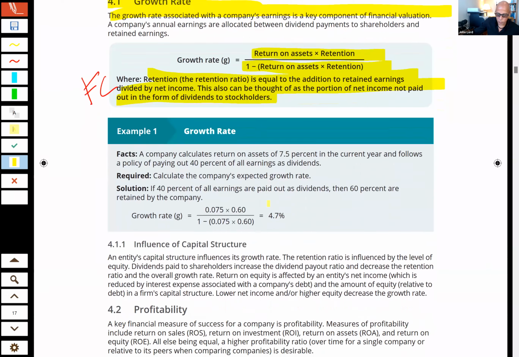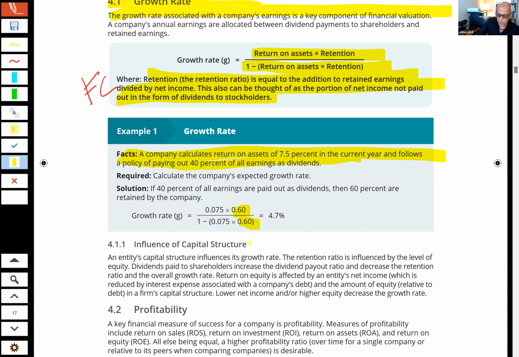So we come over and they give us an example. Company calculates return on assets of 7.4%, and they have a policy of paying out 40% of our income, not of retained earnings, in the form of a dividend. Then if that's the case, what?